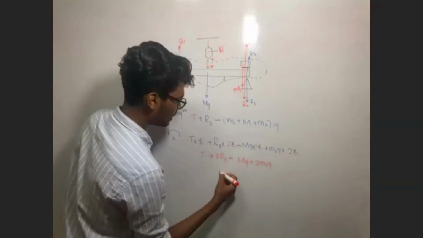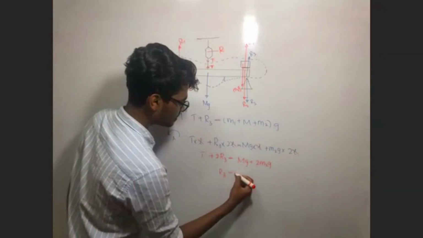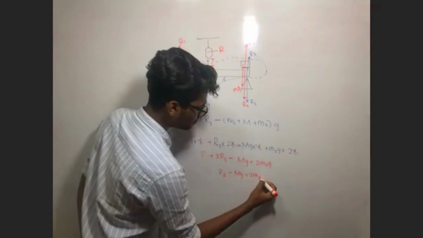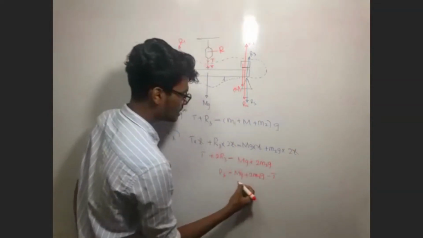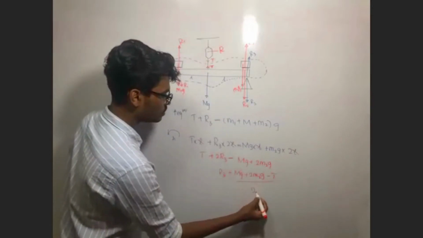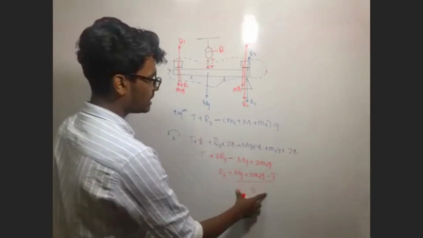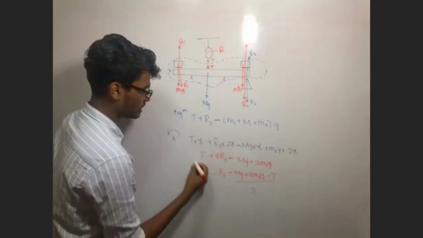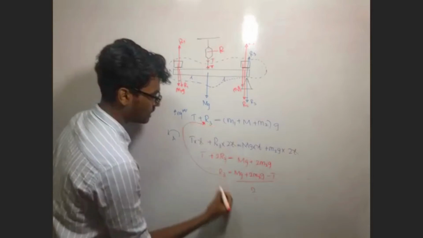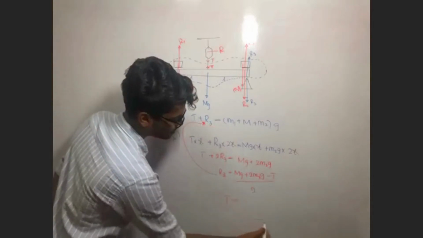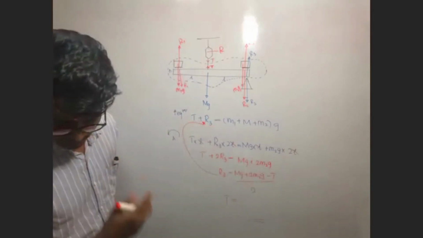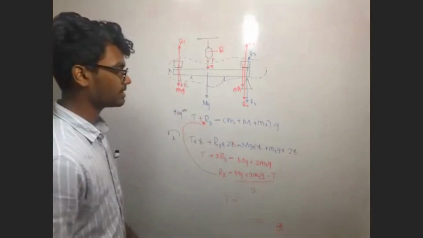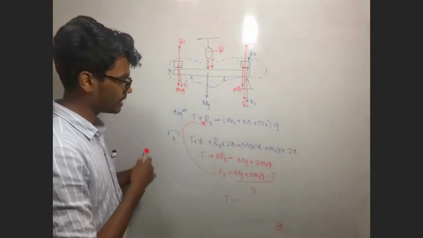So R3 is Mg plus 2M2G minus T, divided by 2. You take this and substitute it here and simplify. You are going to get an answer for T. I think it's going to be the fourth one. Let us not waste time on the simplification. Let's only worry about the concepts, right?